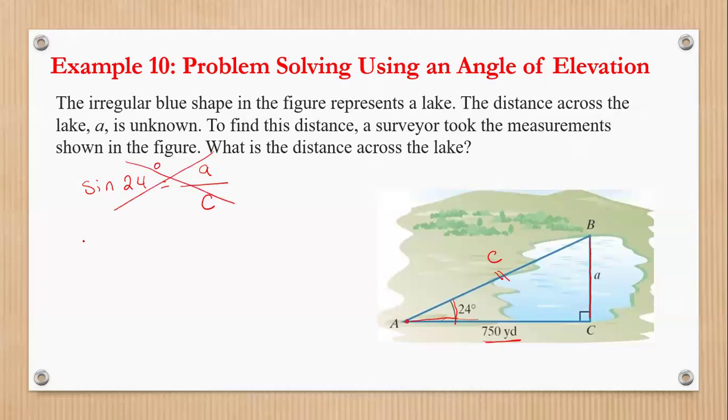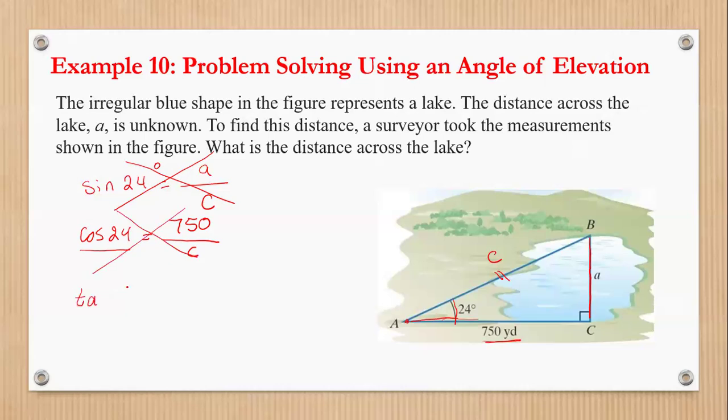If I use the cosine of 24 degrees, cosine is always adjacent over the hypotenuse. I can find the cosine of 24 by the calculator, I know the 750, and I can find C. But this question is not asking to find C. It's just asking to find the distance across the lake, which is A. So I'm not going to use this one either.